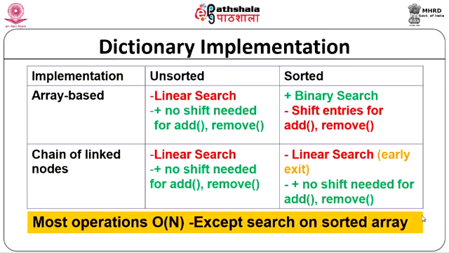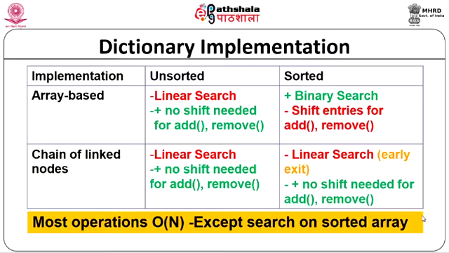Dictionary implementation is a very important concept of data structures as well as computer science in general, and when you talk about dictionary implementation, you have two types of implementation. One is using an array, and one is using a chain of linked nodes. Within array based you have unsorted and sorted, and within chain of linked nodes you have unsorted and sorted. In array based you have linear search and no shift is needed for addition and removal.